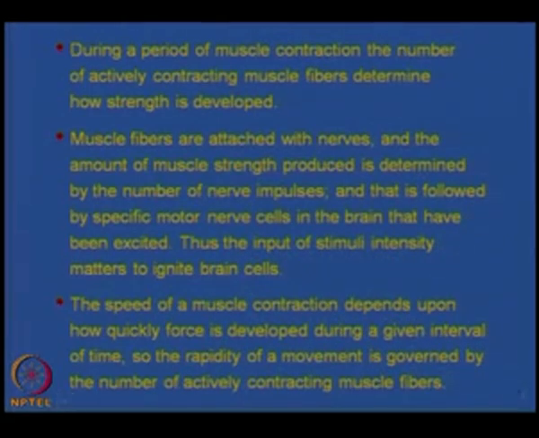During a period of muscle contraction, the number of actively contracting muscle fibers determines how much strength is developed. Muscle fibers are attached with nerves, and the amount of muscle strength produced is determined by the number of nerve impulses, followed by specific motor nerve cells in the brain that have been excited.